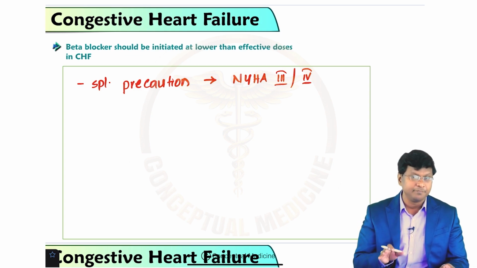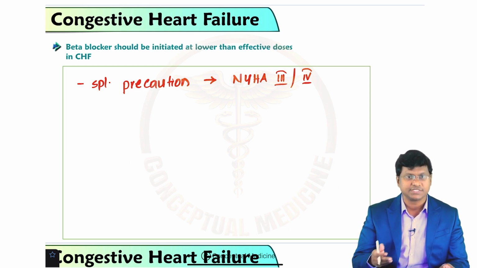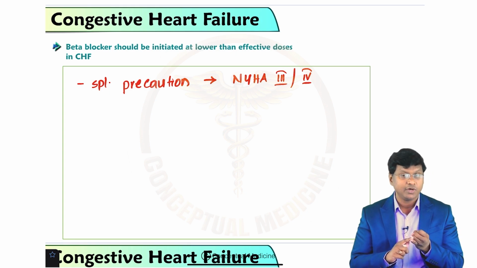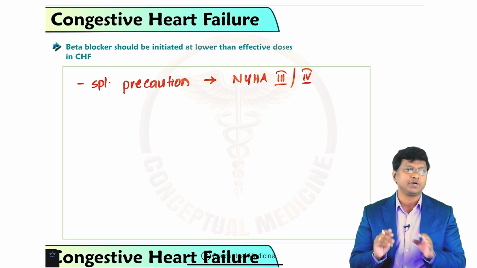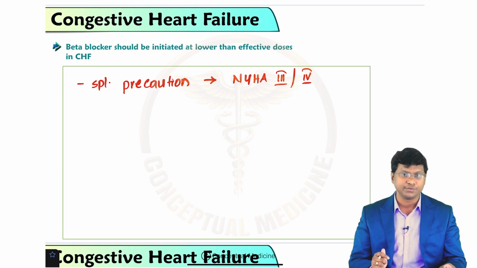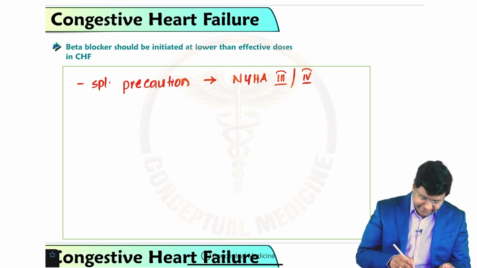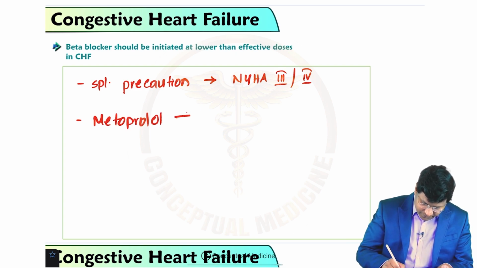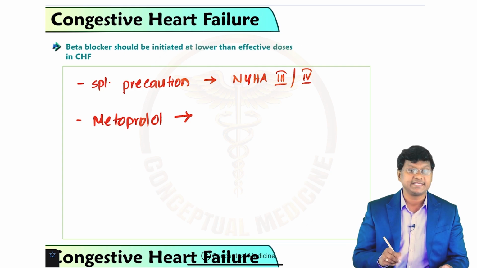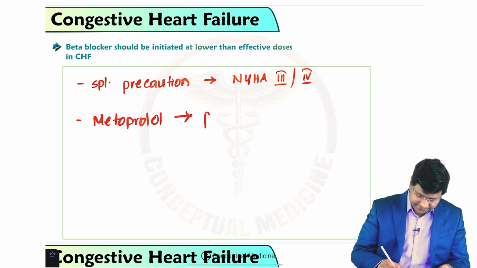And what are the preferred beta blockers? Just now I have told you: carvedilol, metoprolol, as well as bisoprolol. These are the preferred beta blockers in congestive heart failure. Metoprolol is a beta 1 selective agent.